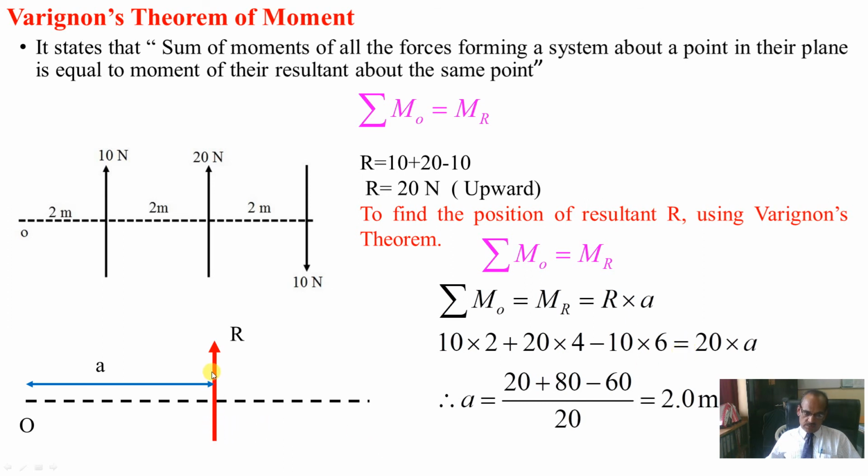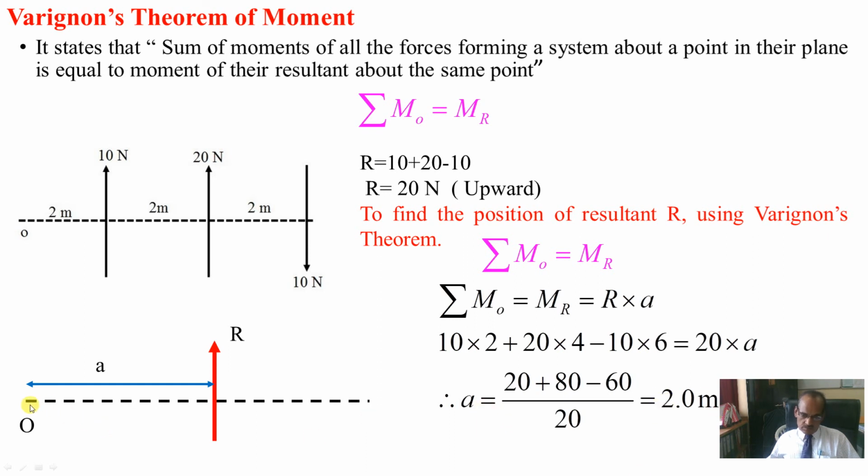The resultant is acting upwards, but we don't know where on this horizontal line it acts, so from this fixed point of rotation I will assume the resultant lies at distance A. So I write 20 into A. The moment produced by the resultant about point O will also be anti-clockwise, which is why I have written it positive, 20 into A. If we solve this complete expression, we get the distance of the resultant from point O, and it comes to 2 meter.